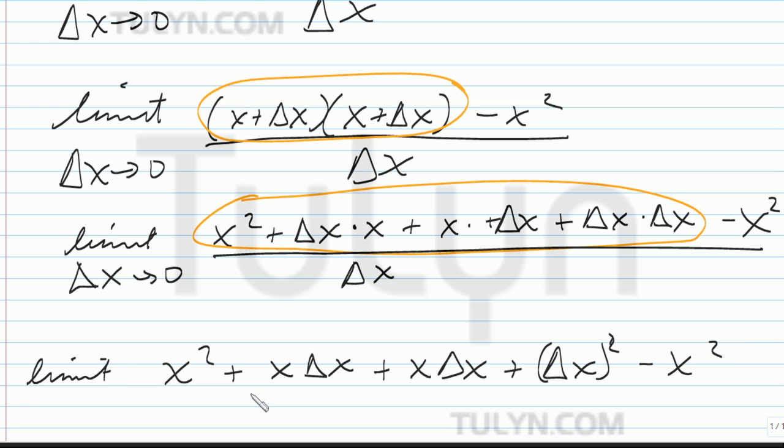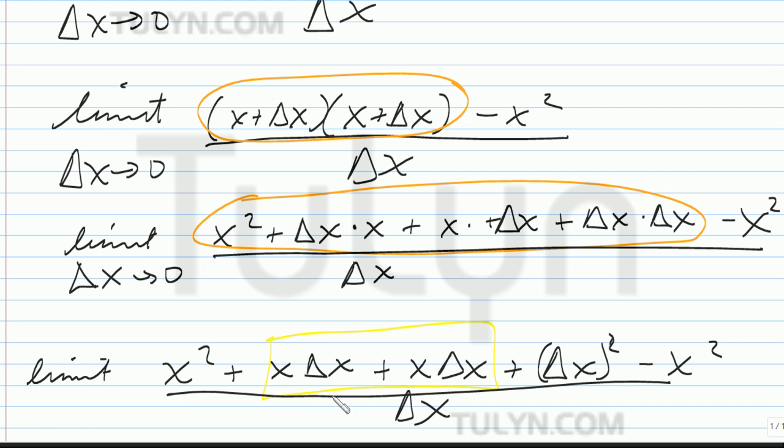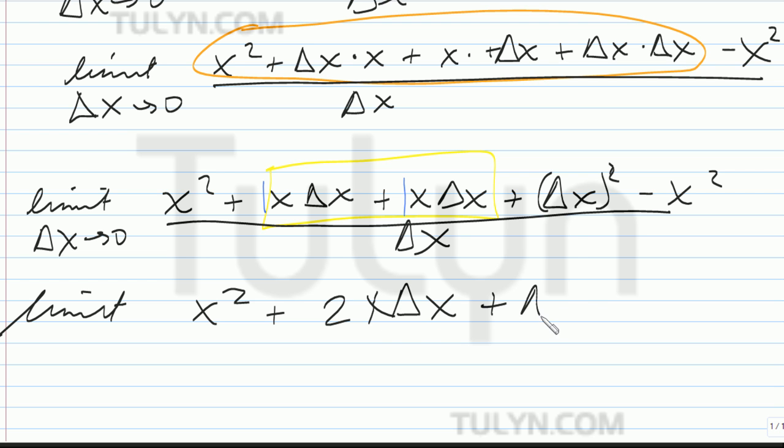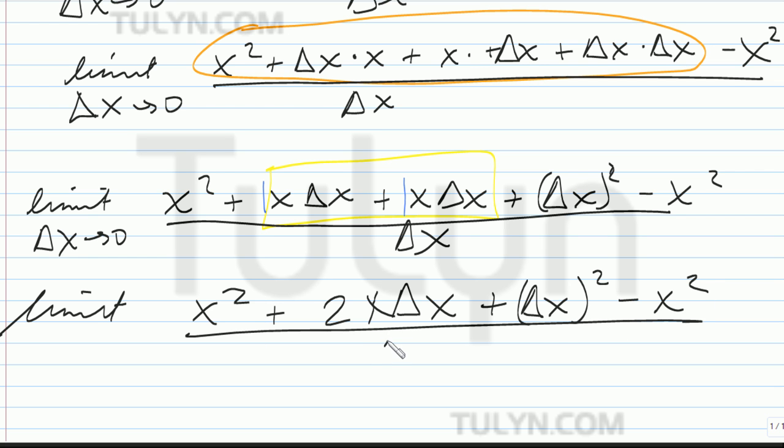Right here, your like terms are in the middle, over delta x as delta x approaches 0. So to combine your like terms, next step, the limit of x squared plus, here it's actually an imaginary 1 x delta x plus 1 x delta x, altogether 2x delta x plus delta x squared minus x squared over delta x.